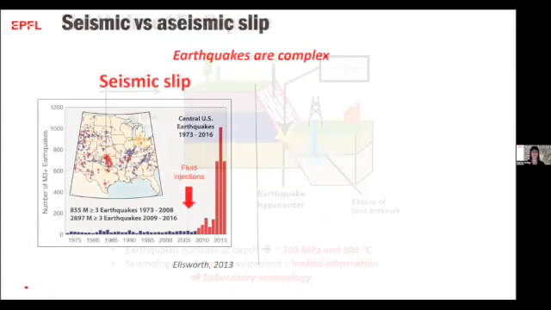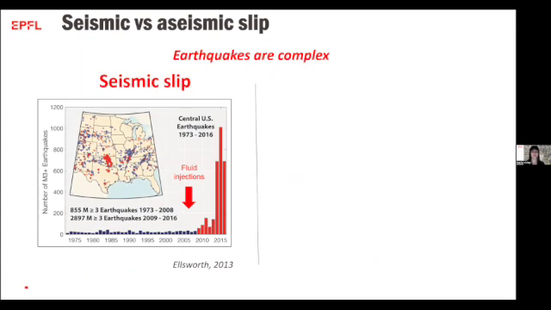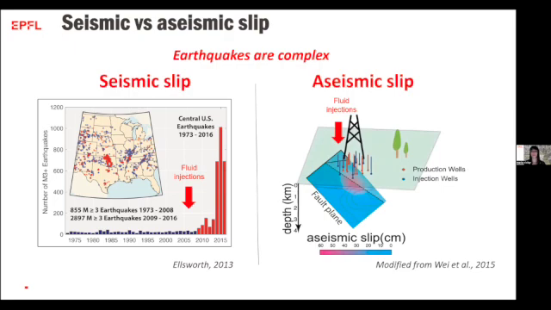This is a very famous diagram from Helfer 2013, where you have the number of earthquakes with magnitude higher than 3 versus time. Fluid injection started around 2007 and was followed by an exponential rise of seismicity. More recently, people discovered also that fluid injection can trigger aseismic slip, meaning that the elastic energy that is stored in the crust can be released in an aseismic way without radiating waves.